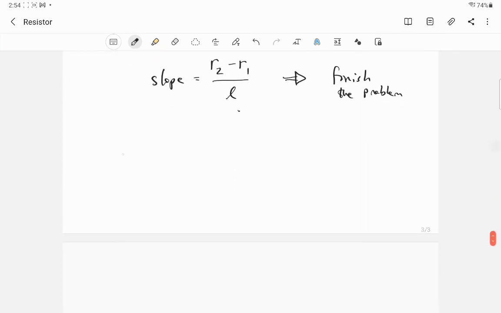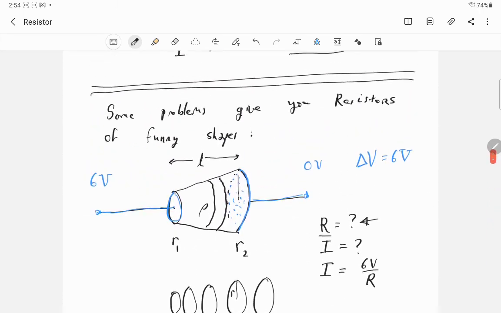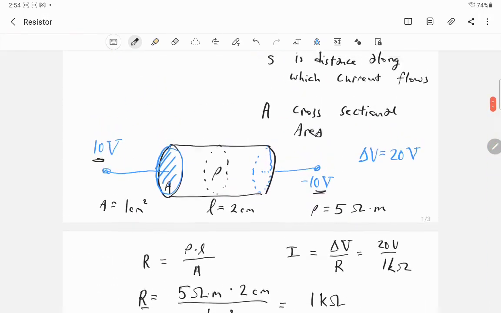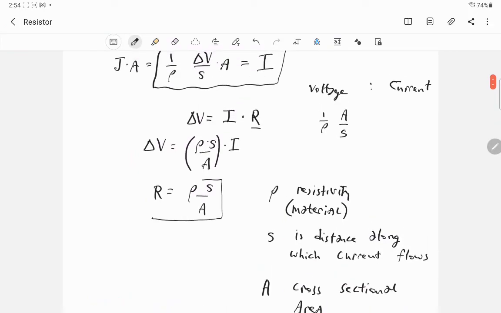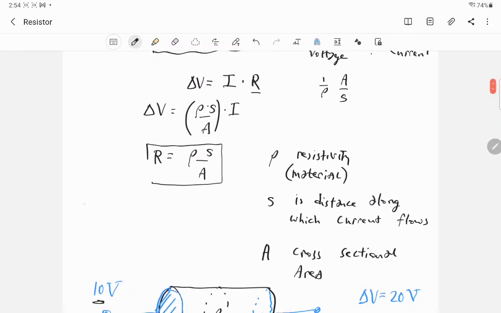Another quick comment: you'll notice in our result higher up that the resistance R is proportional to the resistivity. The more resistivity our material has, the more resistance a resistor made out of that material will have. The resistance is also proportional to the length of the resistor, S. This is just a series statement.